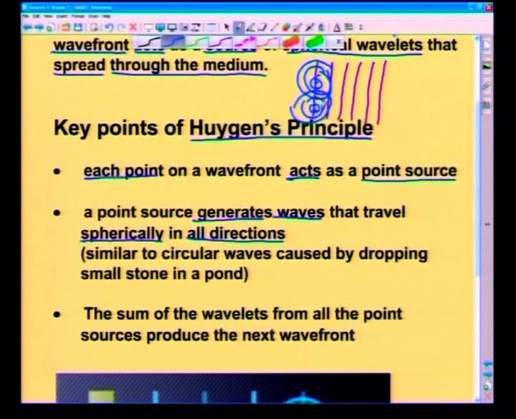And this point source generates waves that travel spherically in all directions. Now, that's very important. If you look at my drawings up there, I've tried to show it.